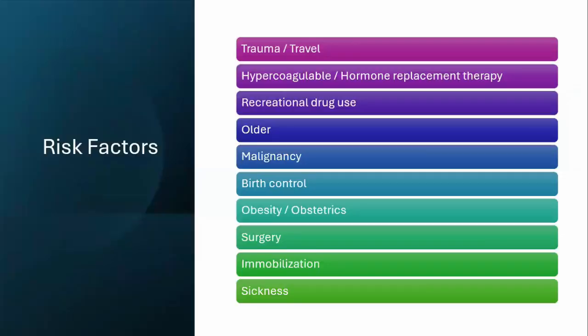So if you go down: trauma, travel, hypercoagulable state, recreational drug use, if you have malignancy, if you're on birth control, obesity, surgery, immobilization, and then sickness, which seems quite broad, but there's a specific set of diseases that are known to cause PE, or that are linked to PE.